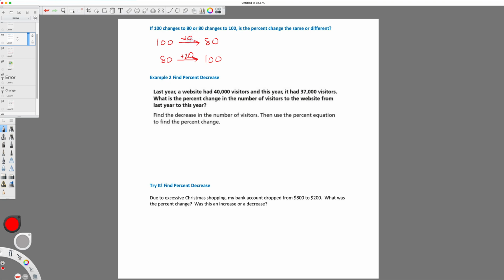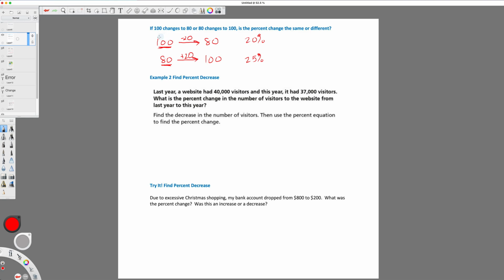This 20 change would be compared to the 100 original, whereas this 20 change would be compared to the 80 original. So if you think about it, 20 out of 100 is a 20% change. 20 out of 80 is actually a 25% change. 20 out of 80 reduces to 2/8 or 1/4, and that is 25%.